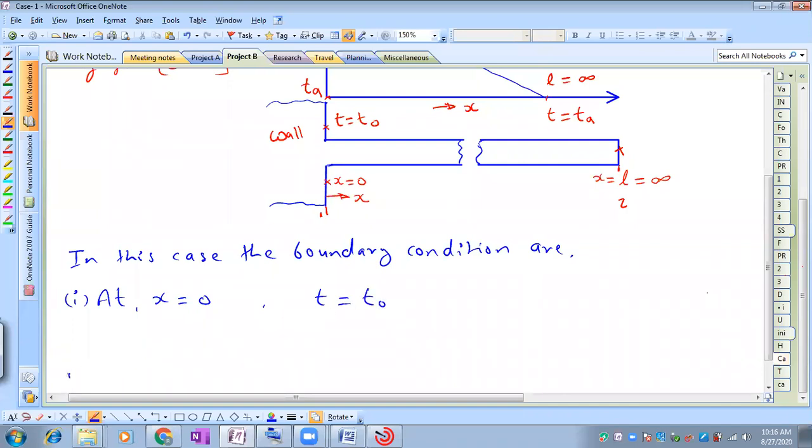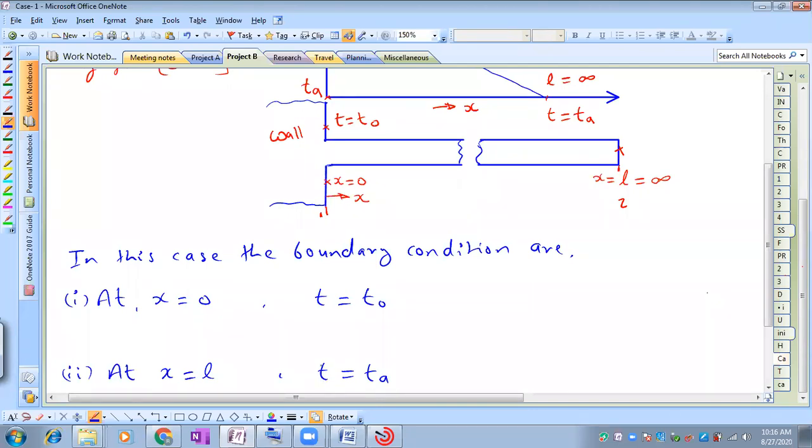And the second boundary condition, at x is equal to L, I can write T is equal to TA. That is, the ambient temperature will be equal to the temperature at the end of the fin.